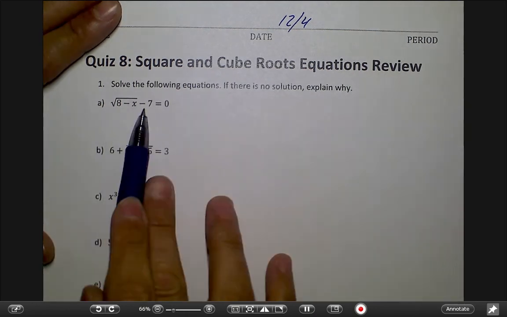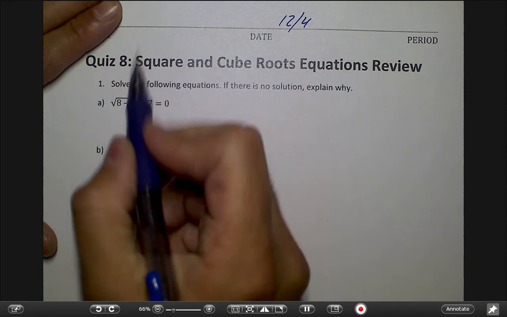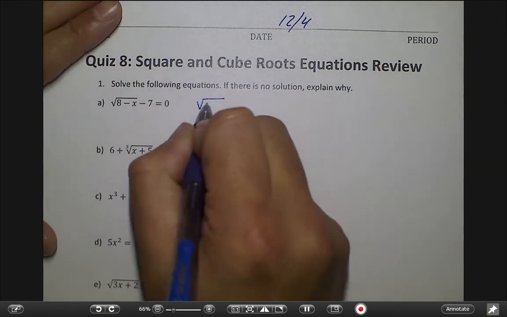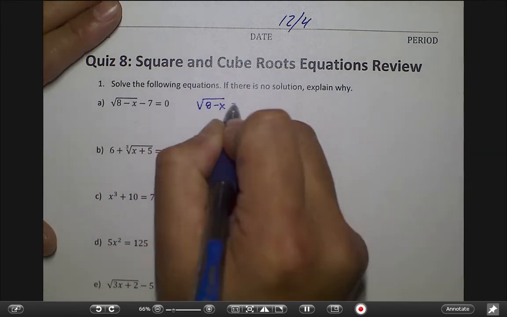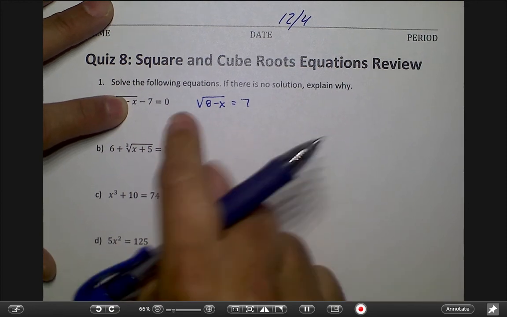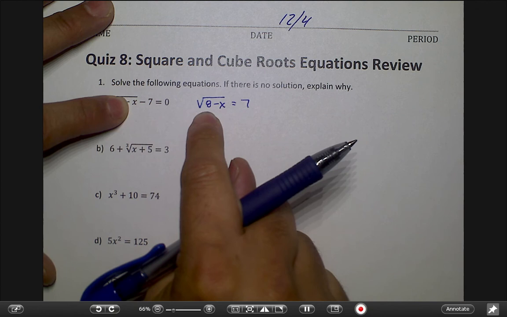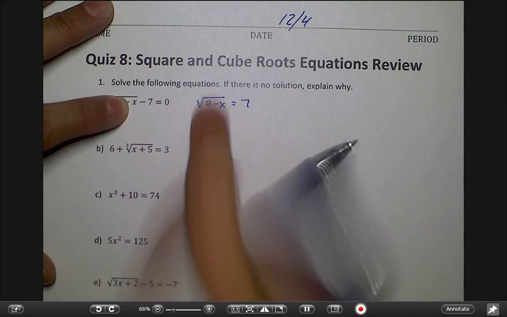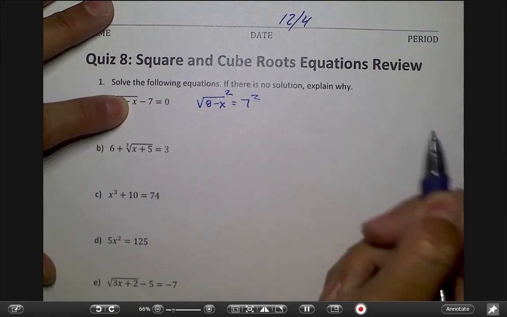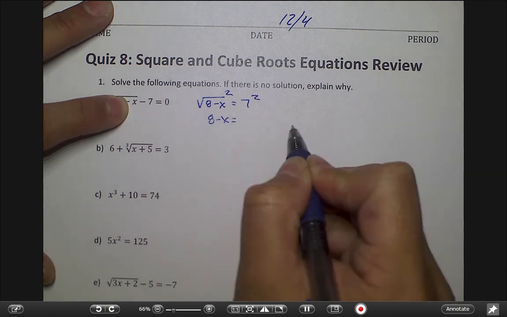We need to try and get the radical by itself here, so I'm going to start by adding 7 to both sides. So I get square root of 8 minus x equals positive 7, right? Now I need to get rid of my radical by squaring both sides. So square both sides, and that gives me 8 minus x equals 49.